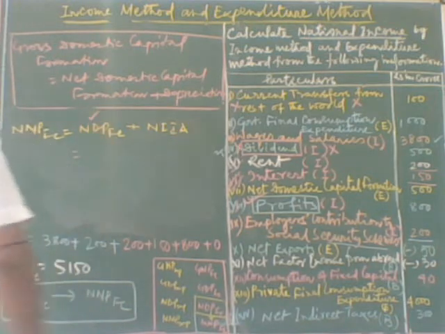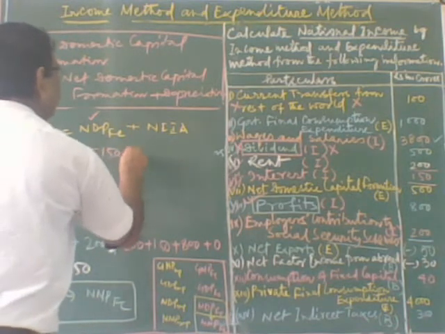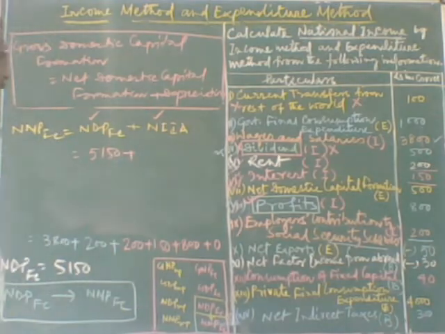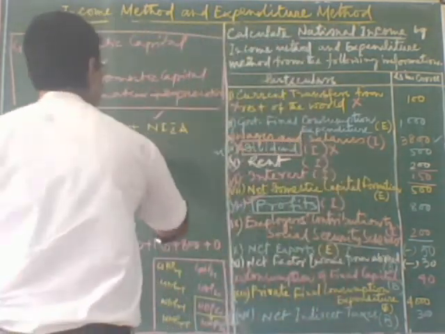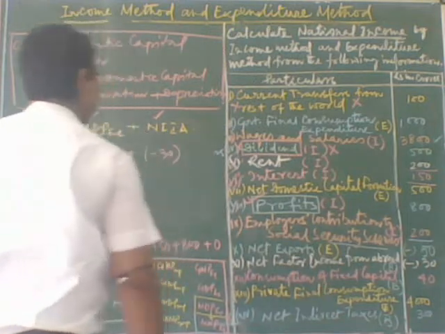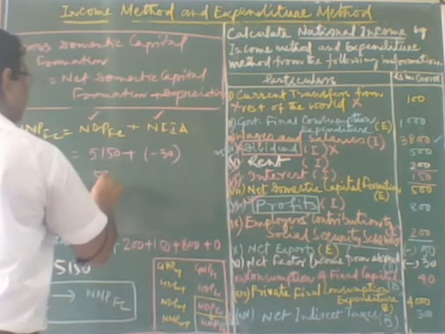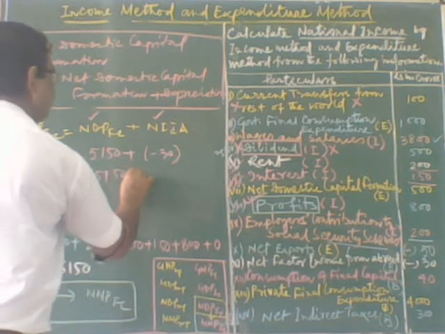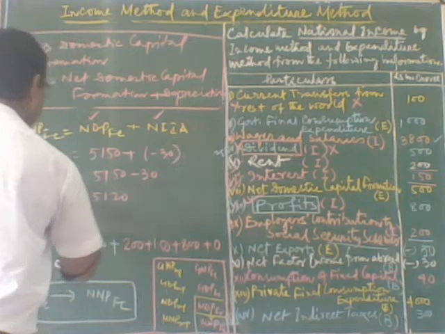Already you have calculated the value of NDP factor cost, that value is 5,150, plus the value of NFIA, net factor income from abroad, that value is minus 30. So 5,150 minus 30 is equal to 5,120.